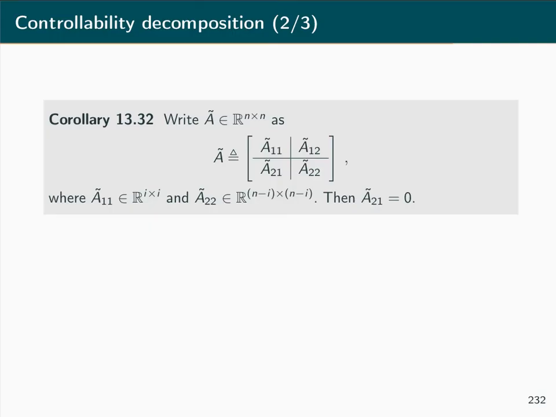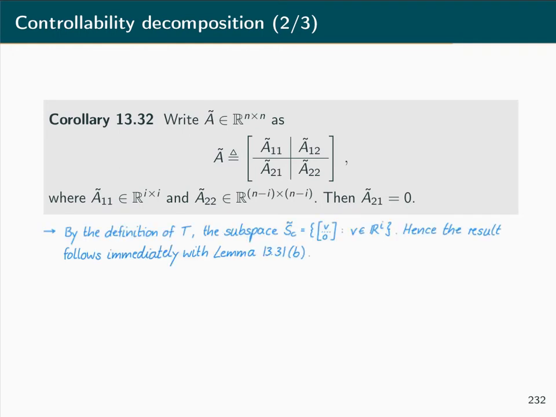In Corollary 13.32, we partition the matrix A tilde into 4 blocks, such that A tilde 1,1 is an i by i matrix, and A tilde 2,2 is an n minus i by n minus i matrix, and A tilde 1,2 and A tilde 2,1 have corresponding dimensions. Then it follows that the matrix A tilde 2,1 has to be the zero matrix.